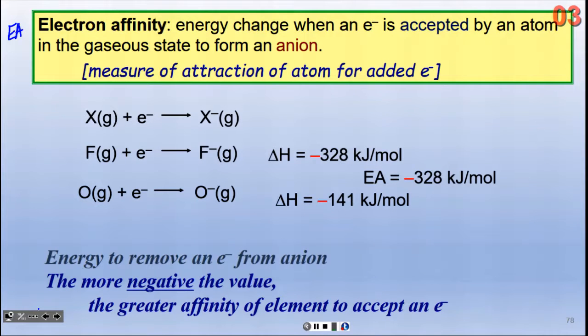So its electron affinity corresponds to that smaller value, again in kilojoules per mole. The more negative the value, the more likely the element is to pick up an electron. So oxygen is less likely to pick up one electron than fluorine. Fluorine really has a strong tendency to pick up electrons. They both do. They're both favorable, but one is more than the other.